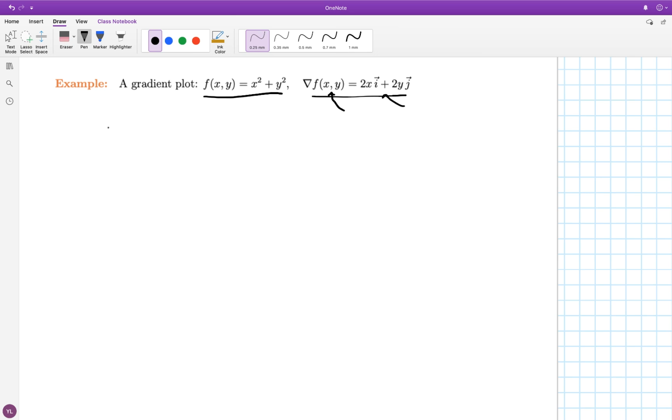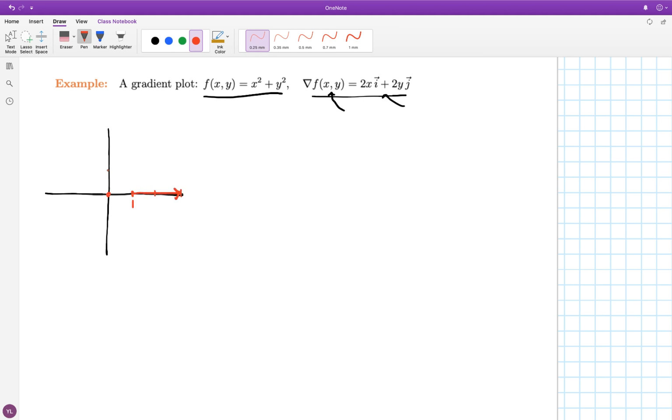So let's plot a couple points by hand, and then I'm going to go to Grapher again. Since I'm talking about a gradient vector field, I can interpret what that vector field is telling me about the original surface. Okay, so at the origin, I'm going to get a <0, 0> vector. At the point (1, 0), I get the vector <2, 0>, like this.